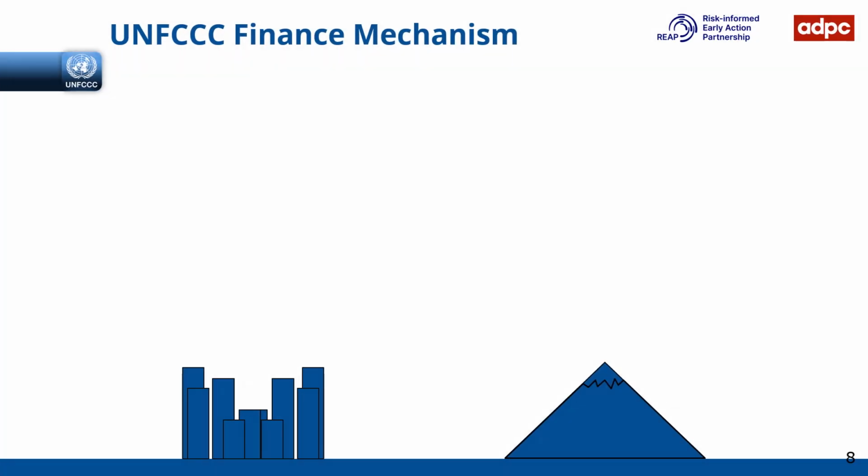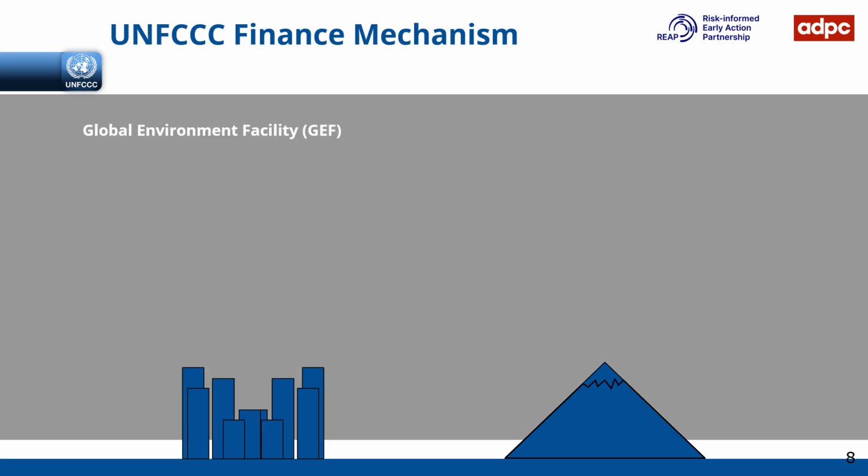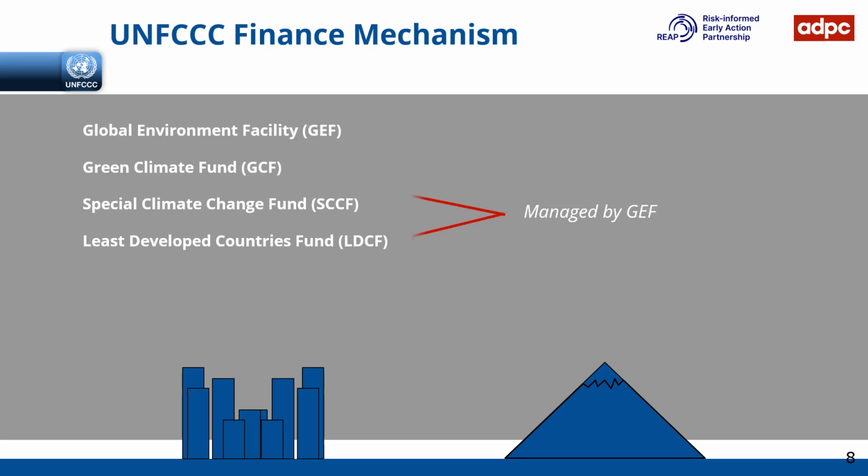This slide presents the core UNFCCC finance mechanism and related funds. The Global Environment Facility and the Green Climate Fund serve as operating entities of the financial mechanism. The Special Climate Change Fund and the Least Developed Countries Fund are managed by the GEF. The Adaptation Fund was established under the Kyoto Protocol and now serves the Paris Agreement.